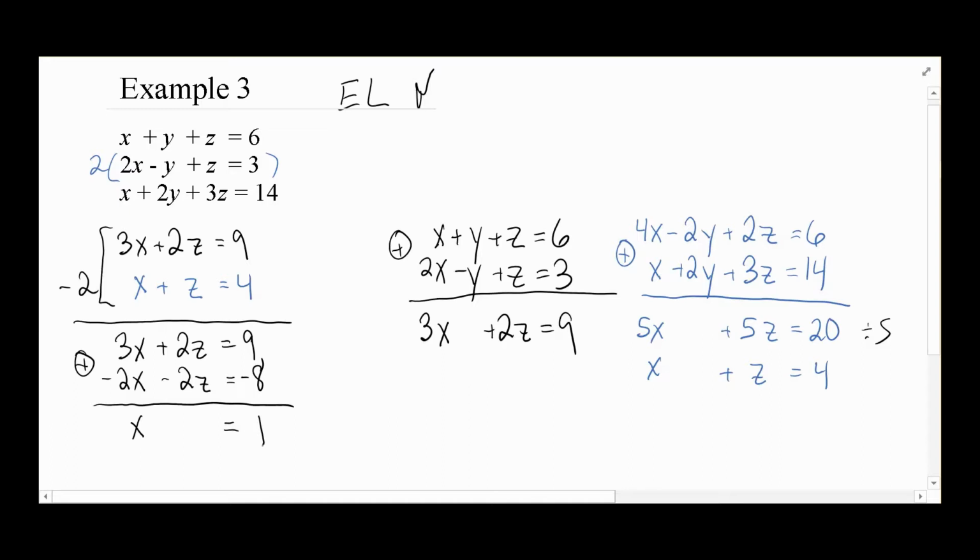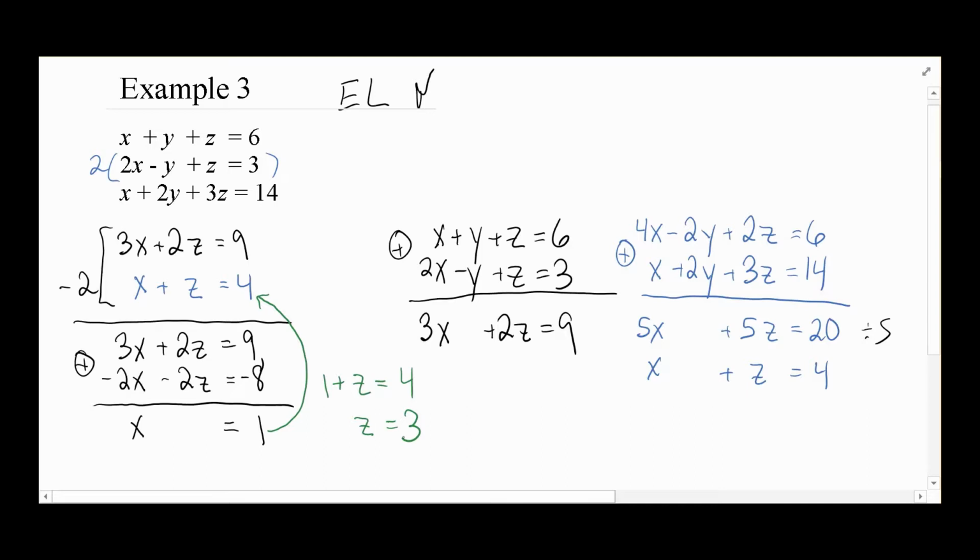I'm going to finish solving the 2 equation, 2 unknown system by plugging this x equals 1 back into one of the equations from the 2 equation, 2 unknown system. That's going to give me 1 plus z equals 4. If I subtract the 1 to the other side, I get z equals 3.